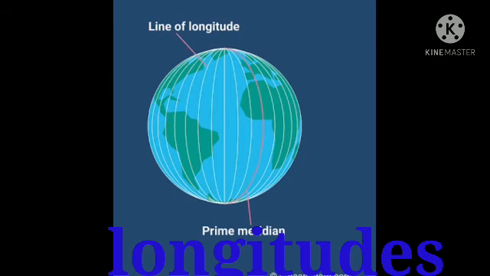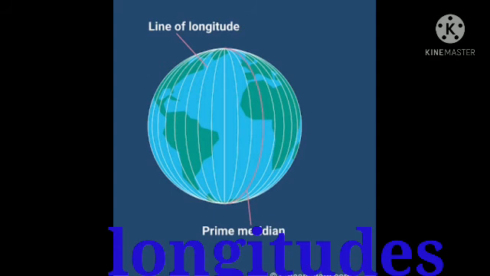As we already discussed, the total number of latitude lines is 180 and the total number of longitude lines is 360. Thus, the 180-degree longitude, the line just opposite the prime meridian, and the prime meridian together form one complete circle.